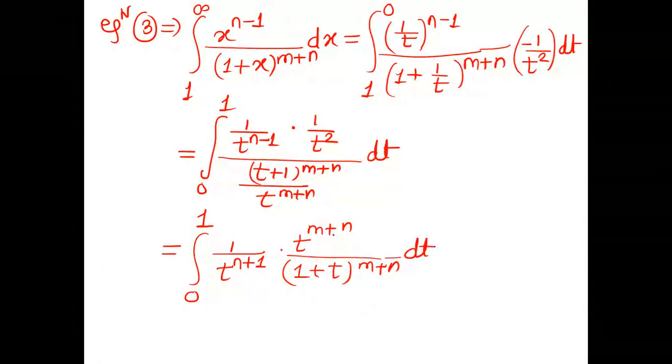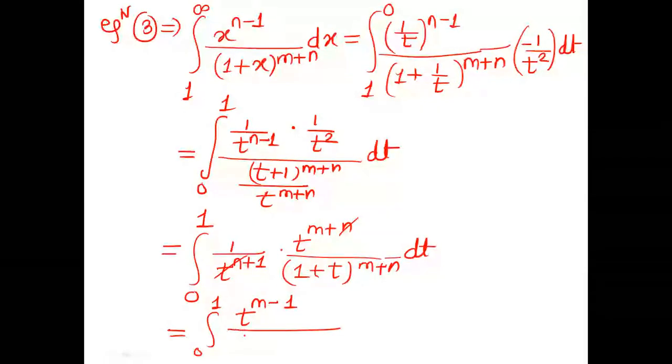Just apply simple laws of algebra. So this implies integral from 0 to 1, collect the powers of t. So t raised to power n will get cancelled, t power 1 is left, which we take in the numerator. So we have t raised to power m minus 1 upon 1 plus t raised to power m plus n.